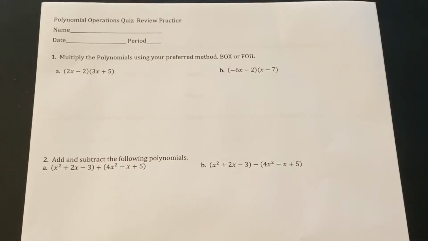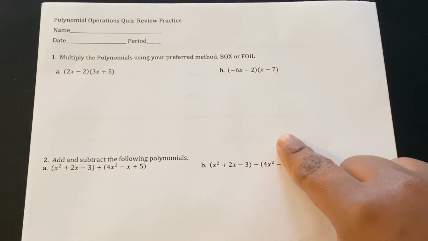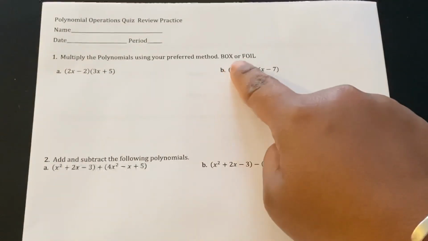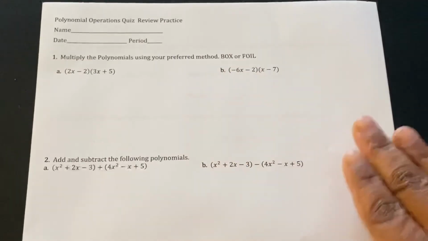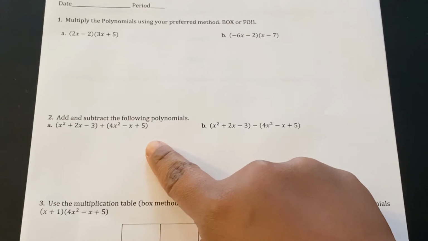Your quiz is on polynomial operations, so adding, subtracting, and multiplying polynomials. If you look here, number 1, A and B, is multiplying using the box or FOIL method. You can use whichever method is best for you. For number 2, A and B is adding and subtracting.